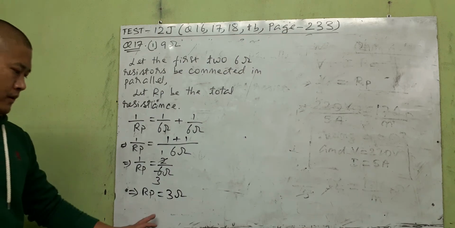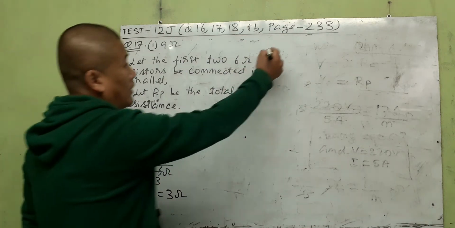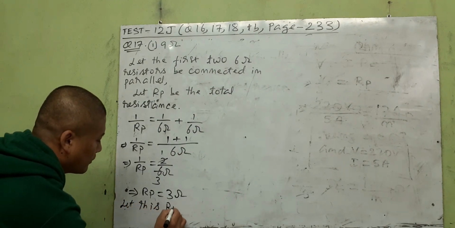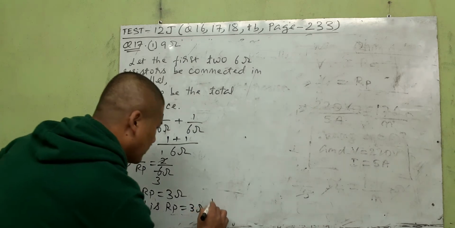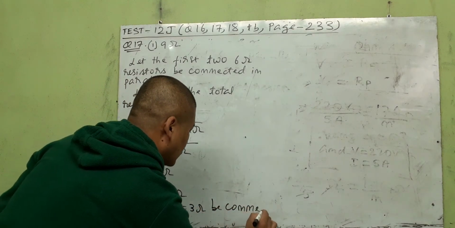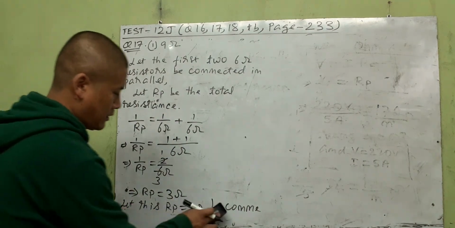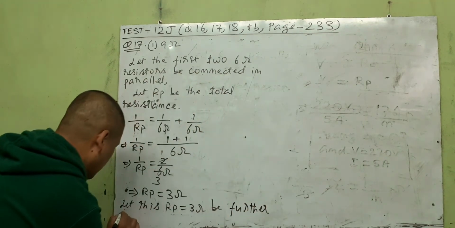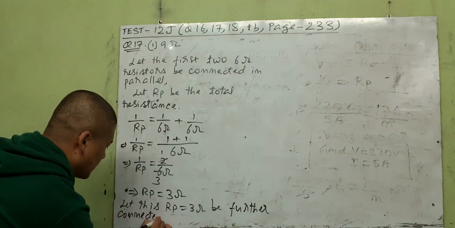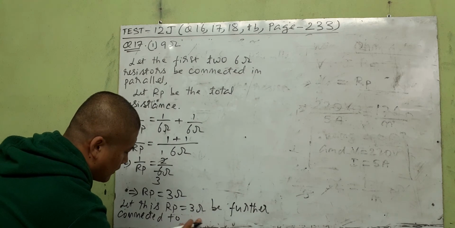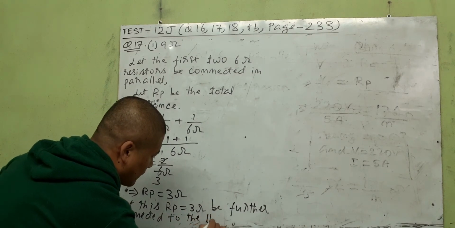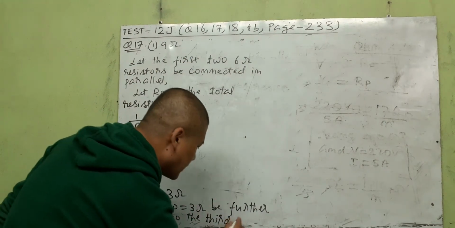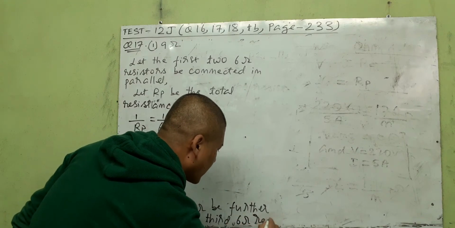So let us continue. Let this RP equal to 3 ohm be now further connected to the third. First 2 are taken, so 1 piece is left, the third 6 ohm resistor.